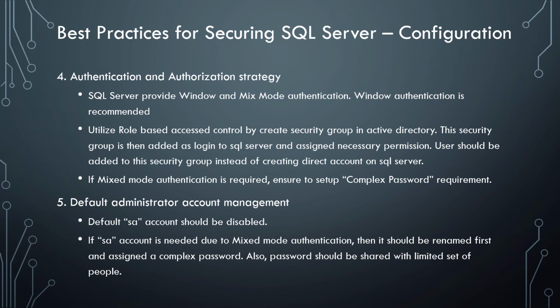First, create a user security group in Active Directory for different database roles, for example, DBA or developer. Then in SQL Server, create a new login for this newly created security group and assign database permission to this security group based on their role.